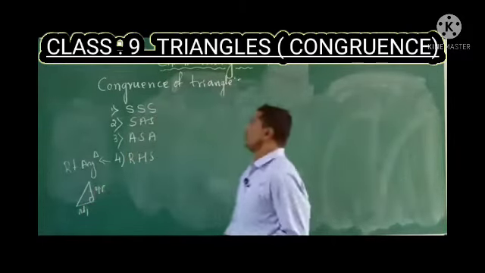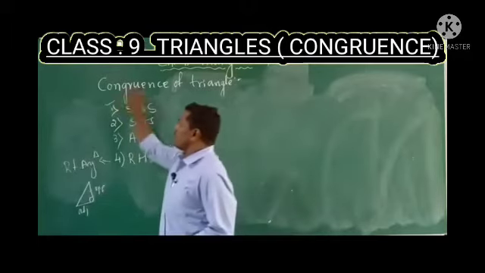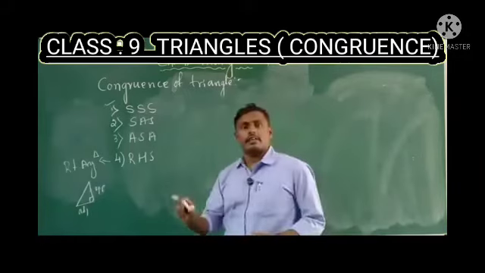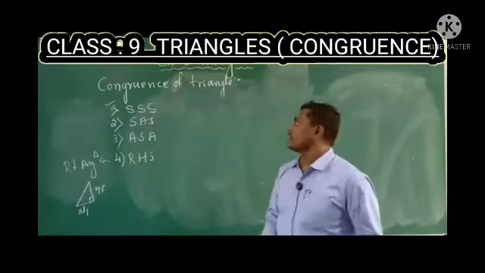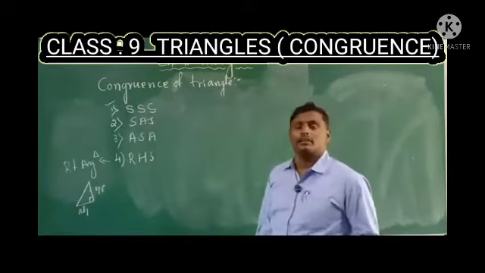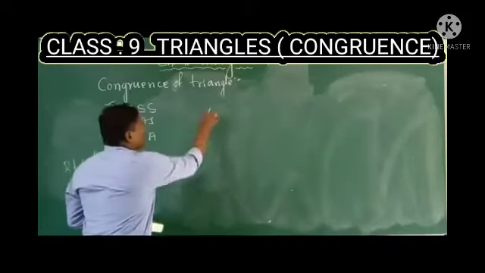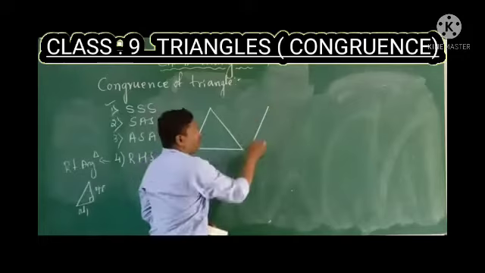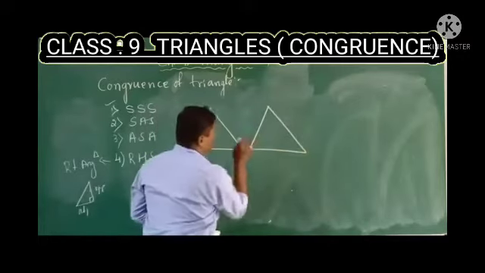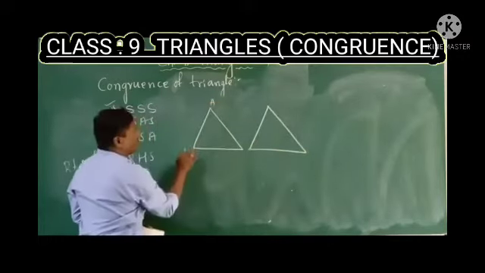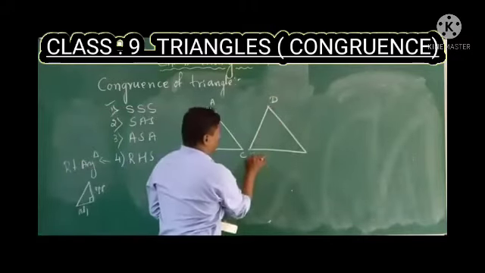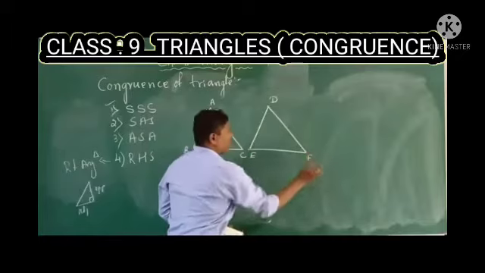Okay. Take the first criteria, SSS. S means side, the congruence criteria of the triangle. By taking an example, I'll explain the SSS criteria. Here two triangles are there: triangle ABC and the second one, triangle DEF.